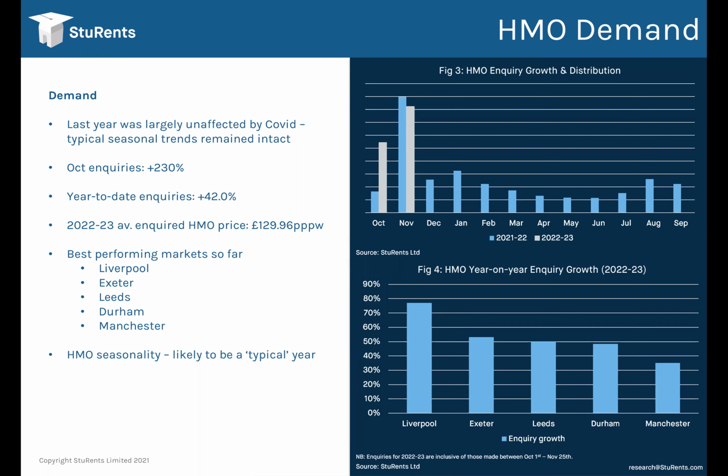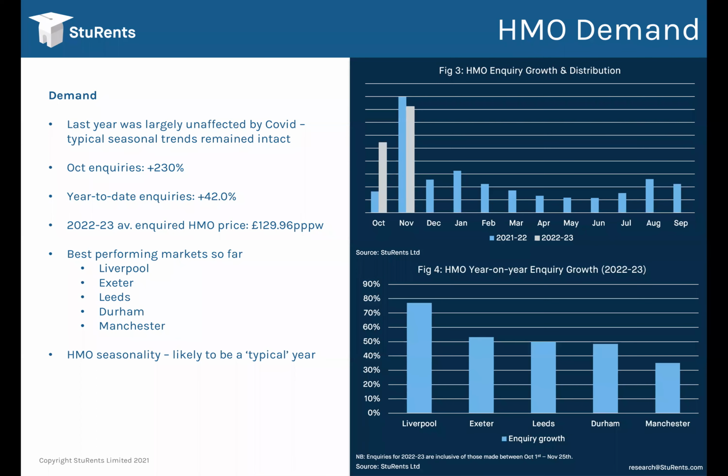And obviously domestic students are typically looking for HMO accommodation. And we can see that is reflected in the chart. Obviously in November, we saw an even larger number of inquiries. And actually year to date, we're seeing a 42% increase so far. And obviously it's going to be very intriguing to see how that plays out for the rest of the season.